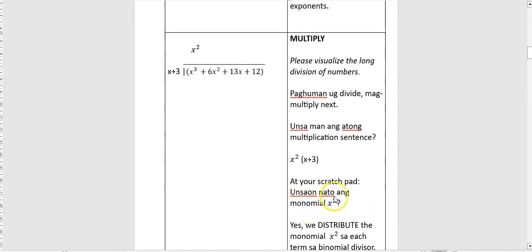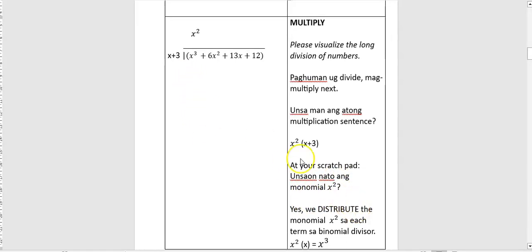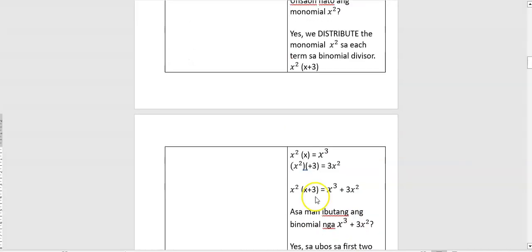What do we do with the monomial x squared? We have a monomial x squared and then a binomial. What should we do with the monomial x squared? It starts with letter D. Yes, we distribute the monomial x squared to each term of our binomial divisor.